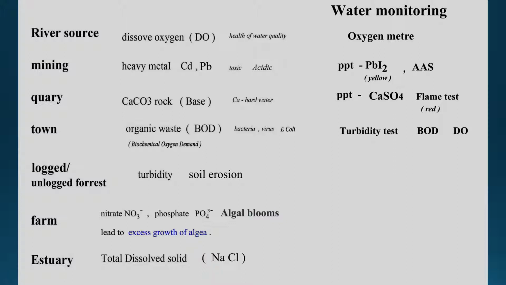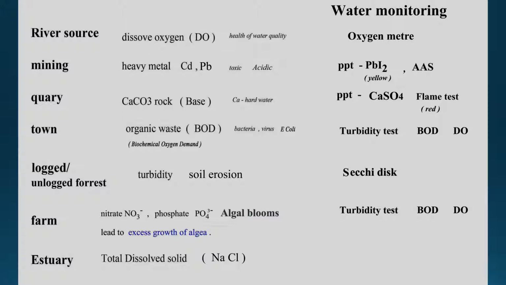BOD. Turbidity test: high in BOD, low in dissolved oxygen. Logging forest: Secchi disk. Farm area: high in phosphate and nitrate, algal bloom, eutrophication.